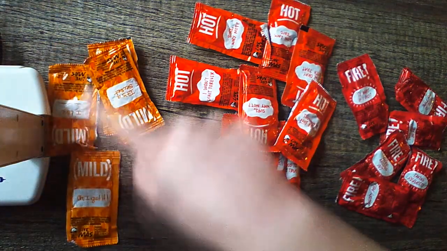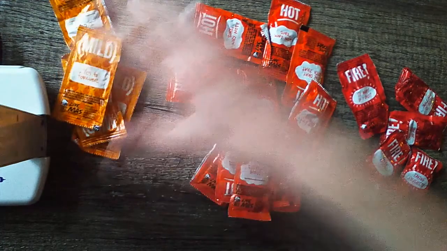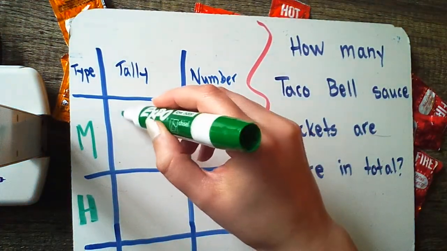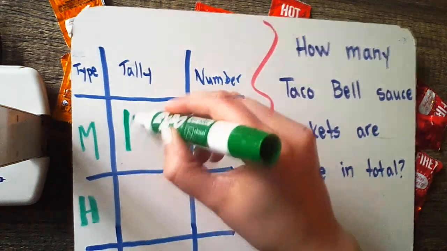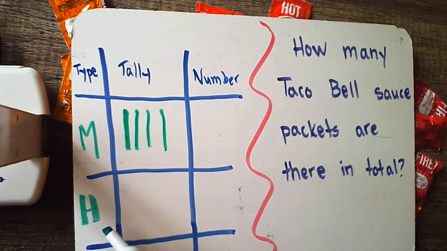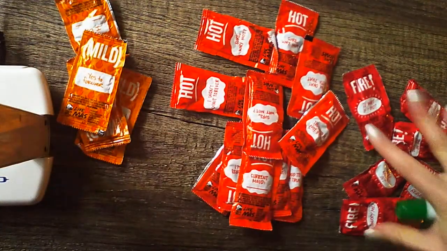So let's first count up how many mild I have. I have 1, 2, 3, 4 mild sauce packets. So I'm going to come to my chart. Instead of writing the number 4, I'm using tallies. Each tally stands for 1. 1, 2, 3, 4. Now we need to see how many hot we have. Let's count out our hot.